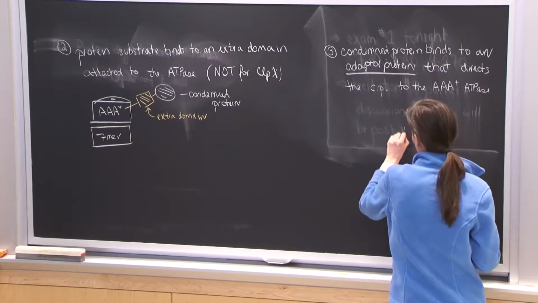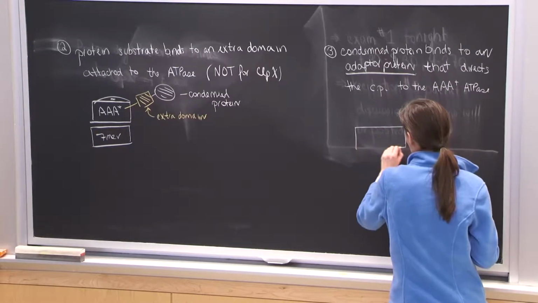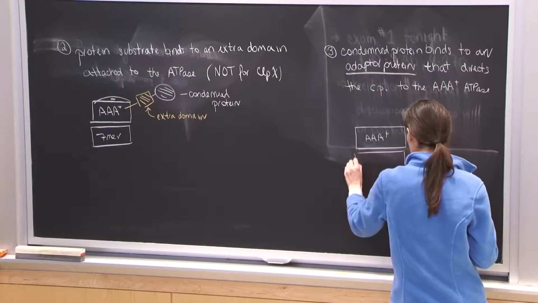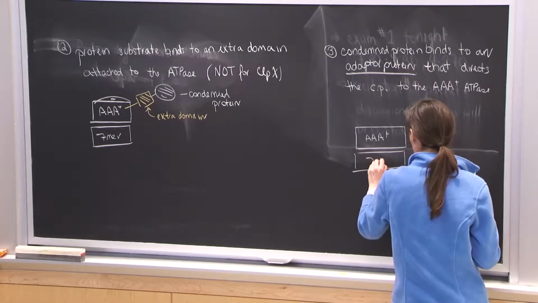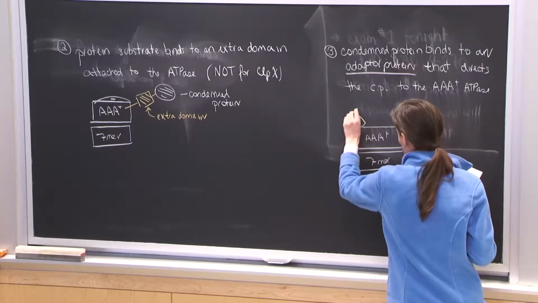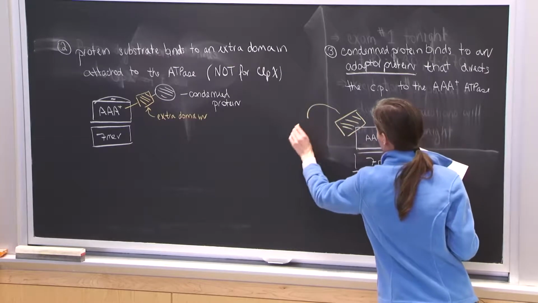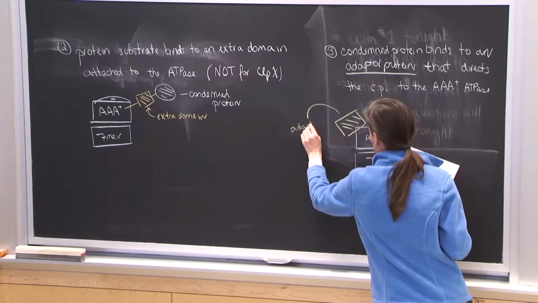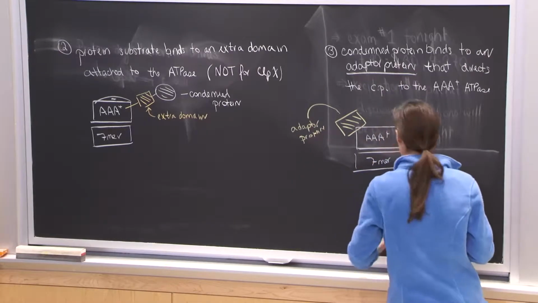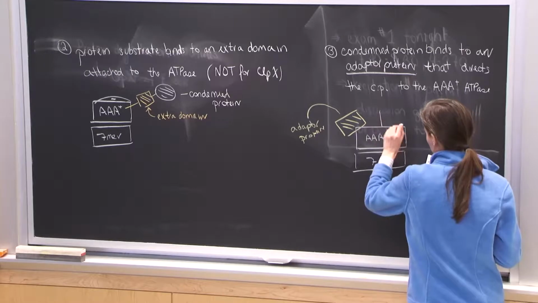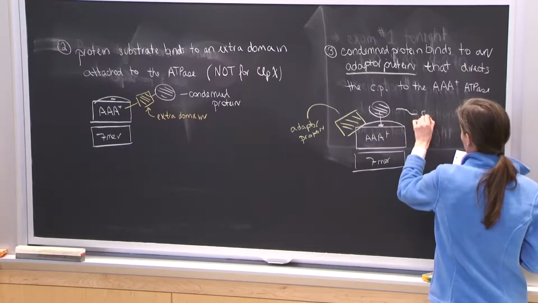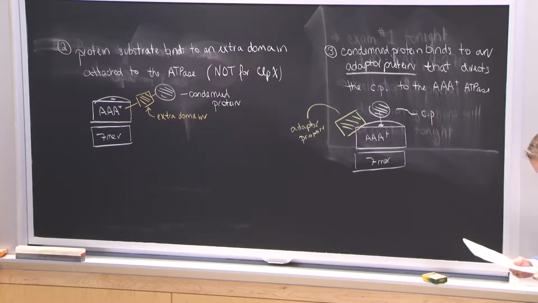So for instance, here we have the ATPase. Here we have the degradation chamber. And maybe there's some additional protein that facilitates getting the condemned protein to the ATPase.